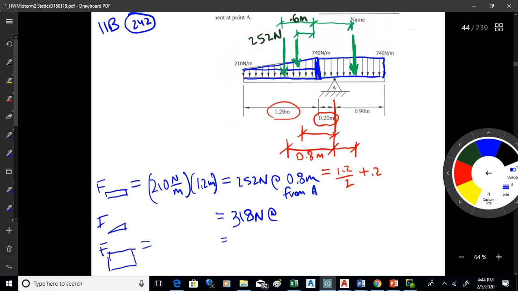And that will be 0.6 meters from A. And then that big rectangle on the right-hand side, I guess I should say, that will be 814 newtons. And that will be, whatever it is, 0.35. Yeah, I guess that's right.